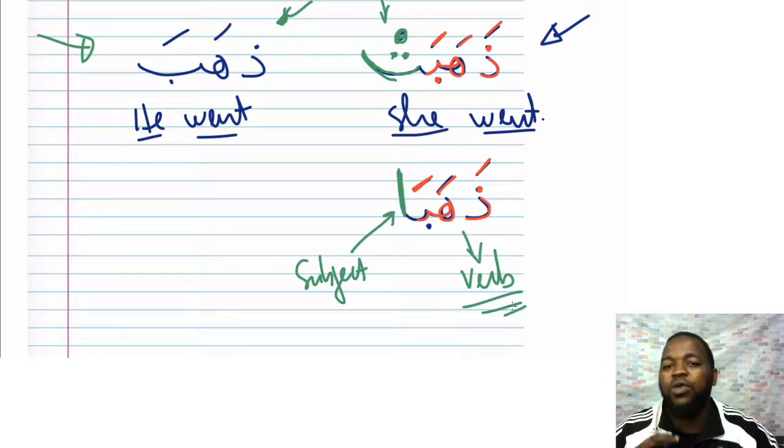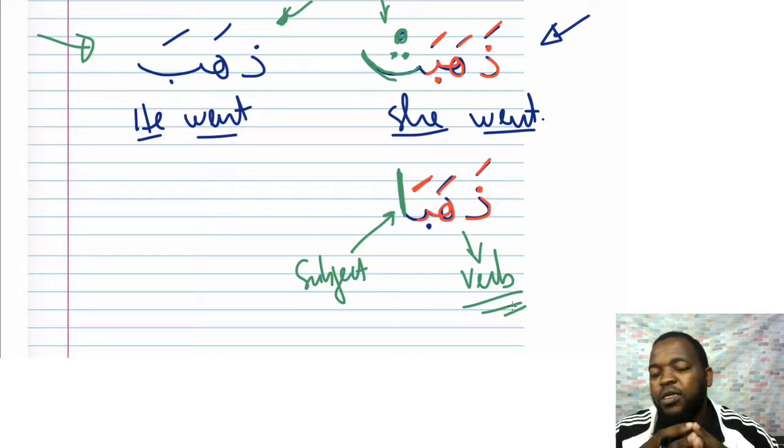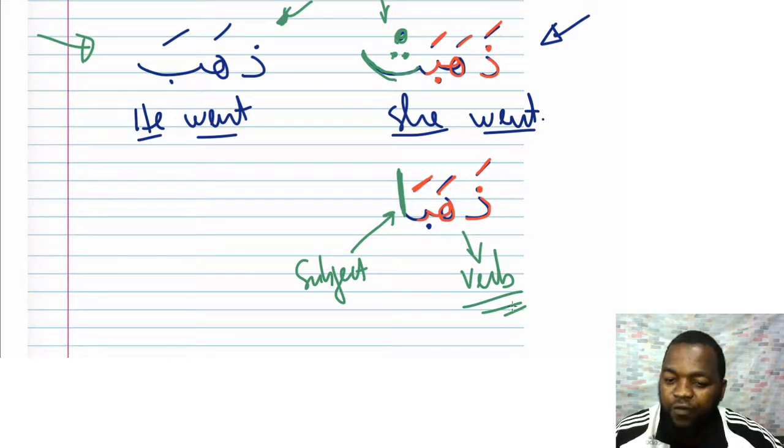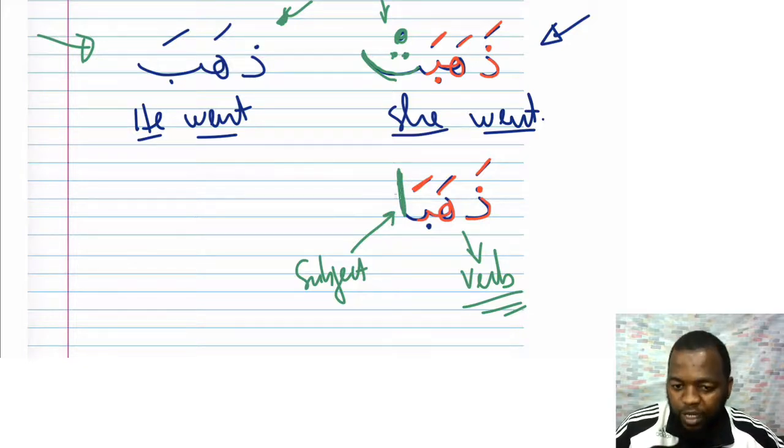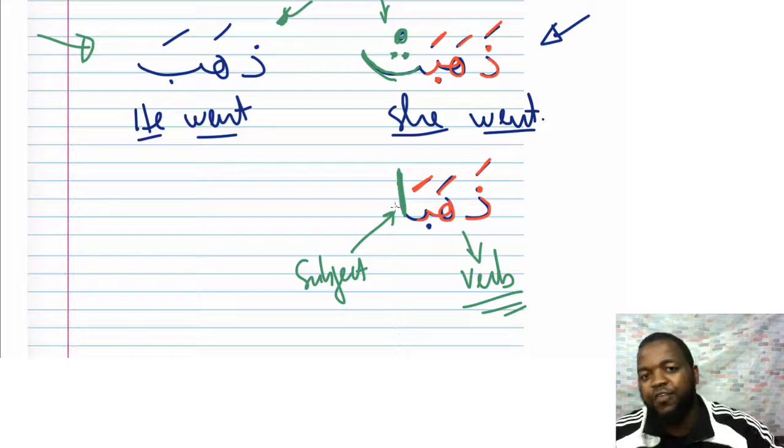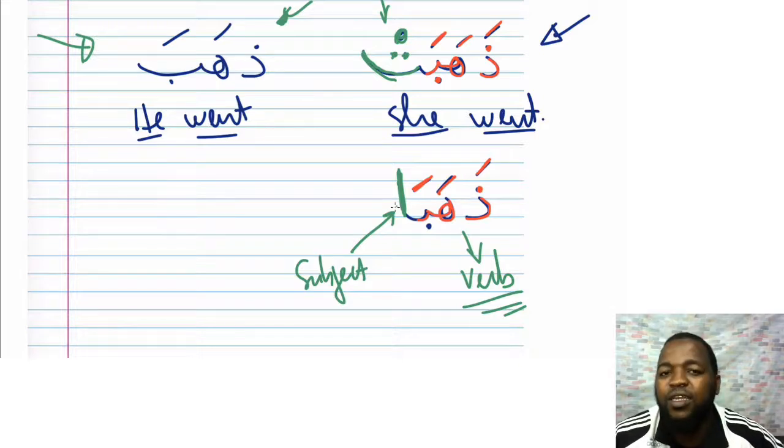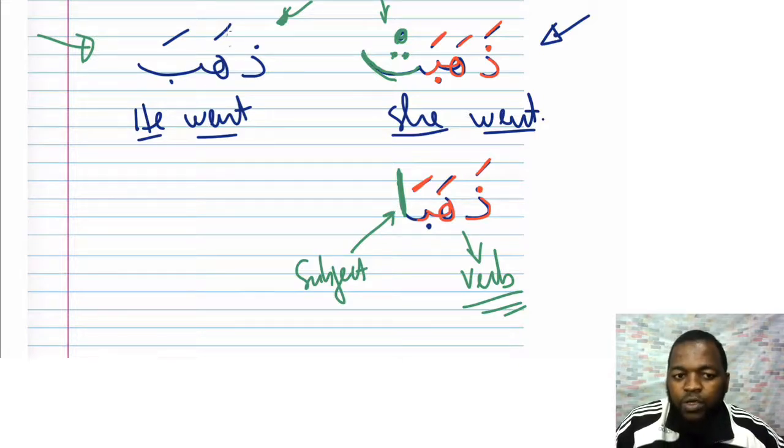All right. So in a verbal sentence, we have to identify the verb and the subject. Here we have identified the verb, dhahaba, and here we can very clearly see the subject. The subject is this alif here. Here you can't see anything that tells you that is the subject.